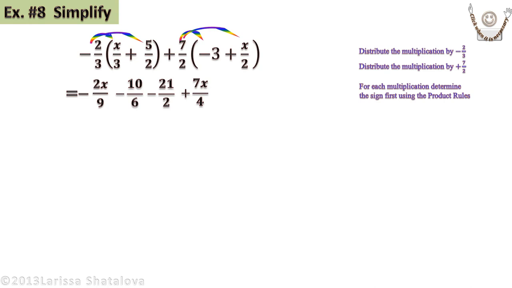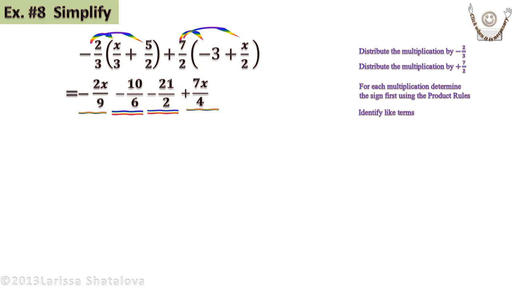Next, we have to identify like terms. So the first term, negative 2x over 9, has variable x. Do we have more terms with variable x? Yes, the last one, positive 7x over 4. Now let's look for constant terms, just numbers: negative 10 over 6, and negative 21 over 2.